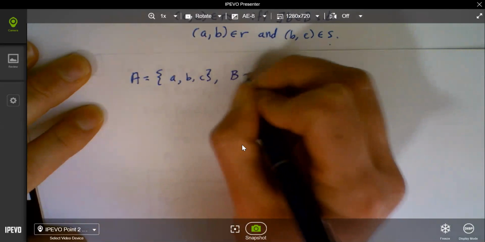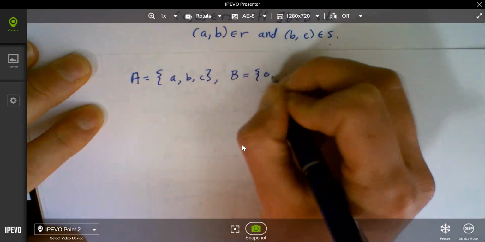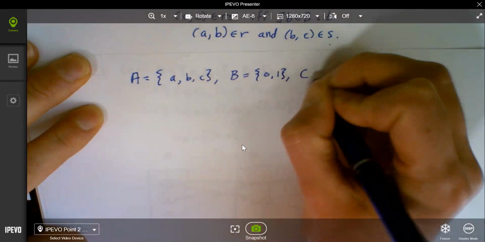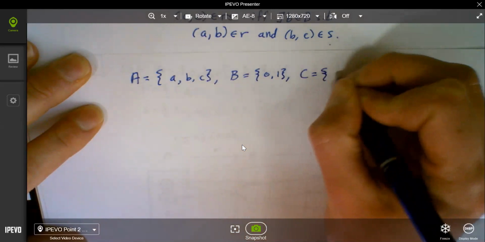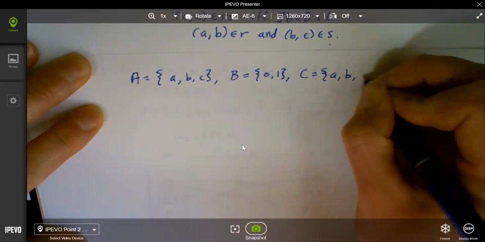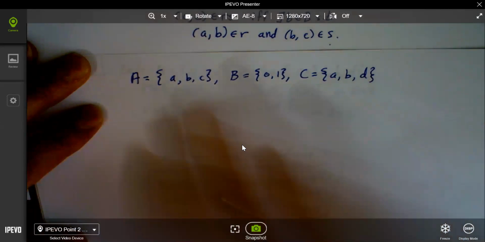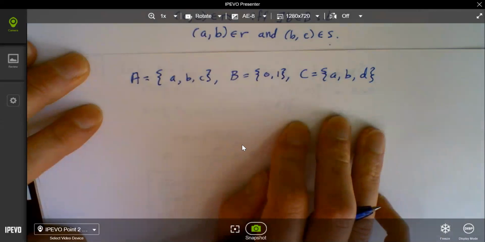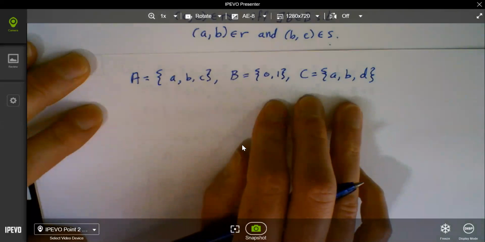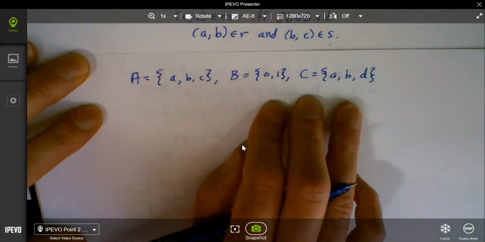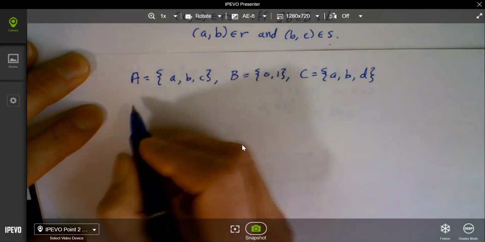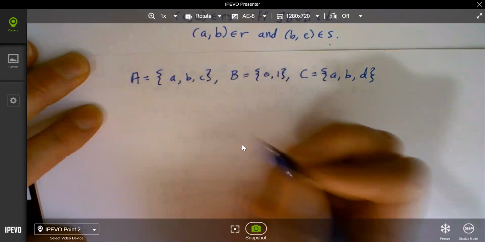B will be the set containing 0, 1. And C will be the set containing a, b, and d. So you can see that A and C have the elements a and b in common.